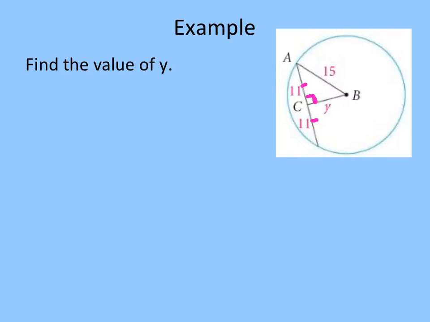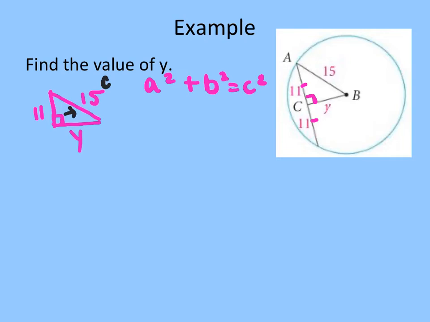So now, looking up above, I have a right triangle where I had a side that was 11, 15, and y. So I can solve using the Pythagorean theorem. If I have a squared plus b squared equals c squared, my value of c is whatever's across from the right angle. So 15 is c, allowing us to say 11 squared plus y squared should equal 15 squared.